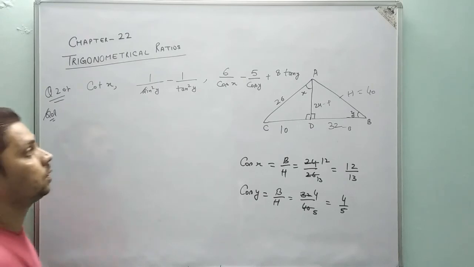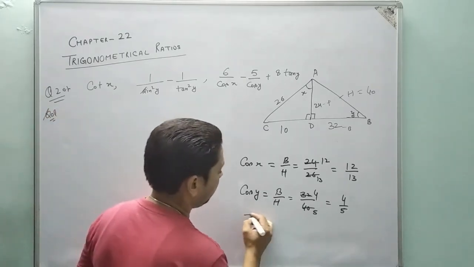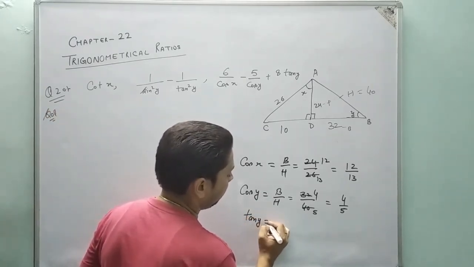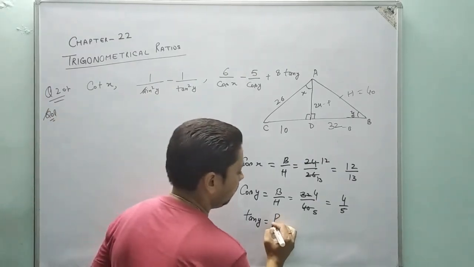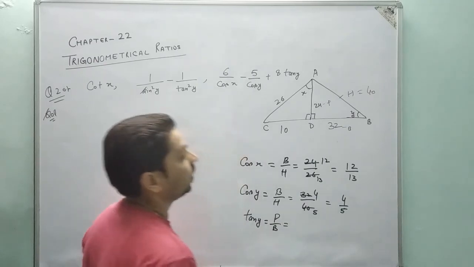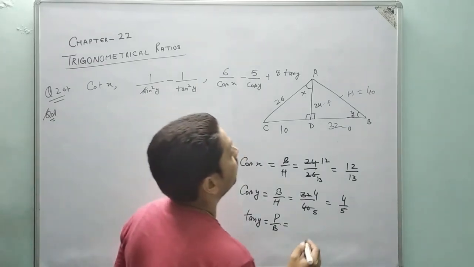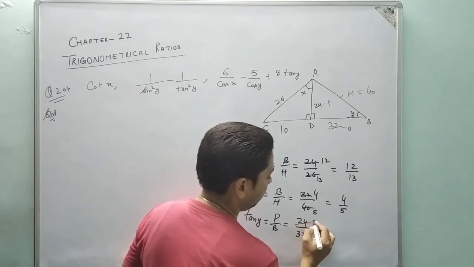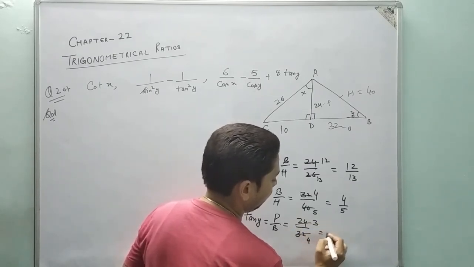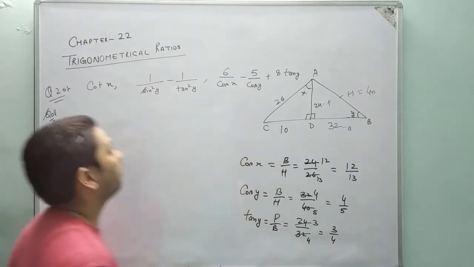And last but not the least, we have to find tan of y. Tan of y is equal to perpendicular upon base. Perpendicular is 24 and base is 32. It will give you 3 upon 4. So we have all the values.